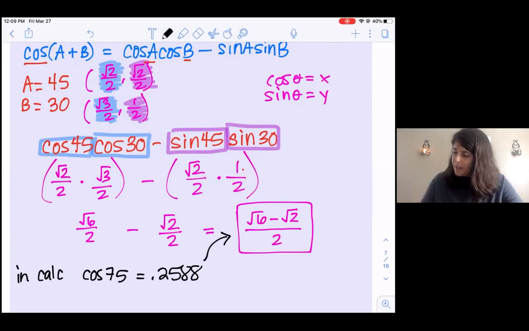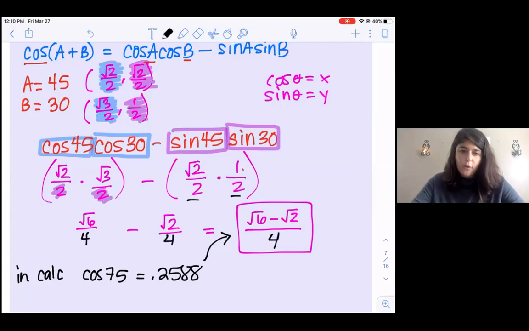does not give me that because that is wrong. Sorry guys, go back a little bit. When I multiplied, when I did 2 times 2 here, that should have been a 4. And when I did this 2 times 2, that should have also been a 4.